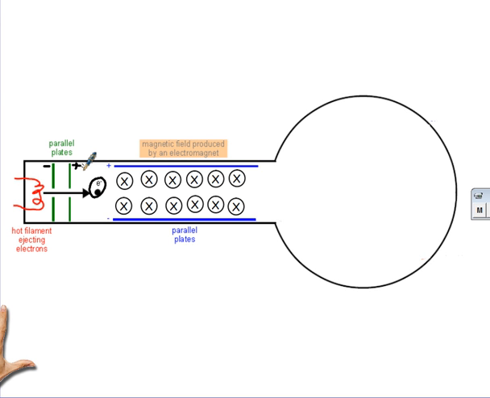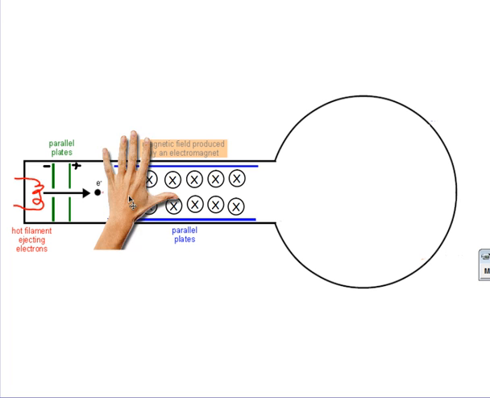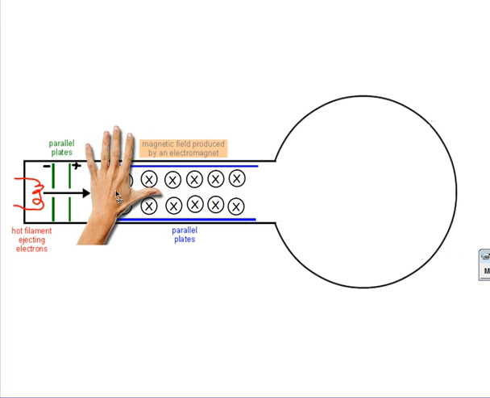And the first thing J J Thomson did is he exposed these electrons to only a magnetic field. So if we think about what's going on here, we want to ignore these parallel plates right now, and we're going to look at only this magnetic field. So using our third hand rule, we're going to use our left hand because electrons are negatively charged.